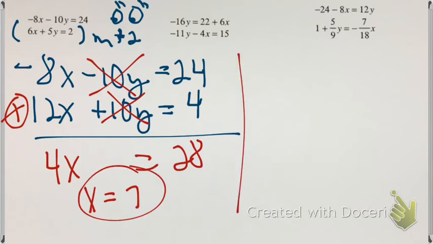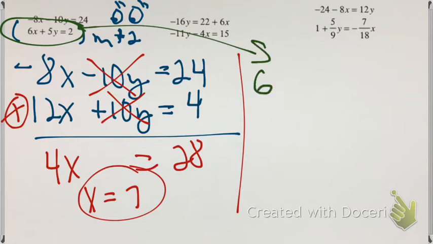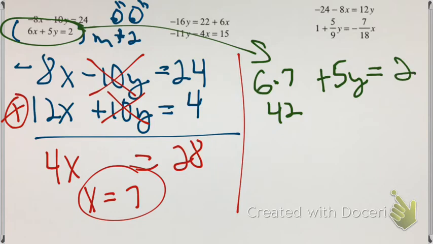And then I can go back and I can substitute once again. Sub, Mr. Referee, I'd like a sub. Or I could do either equation. I think I'm going to use the bottom equation right there. I'm going to sub in x. So 6 times 7 is 42, plus 5y equals 2.